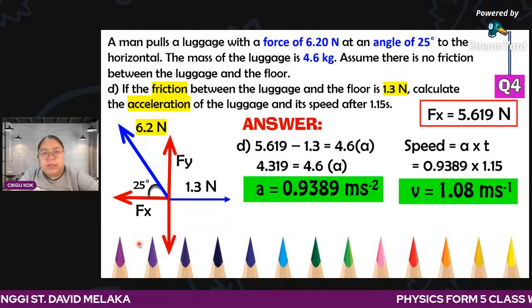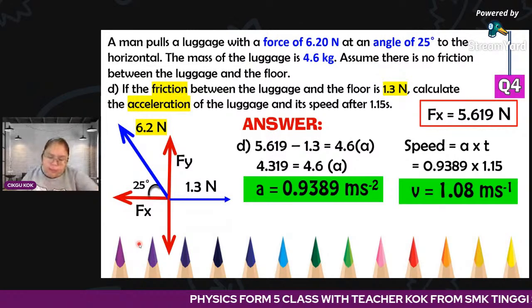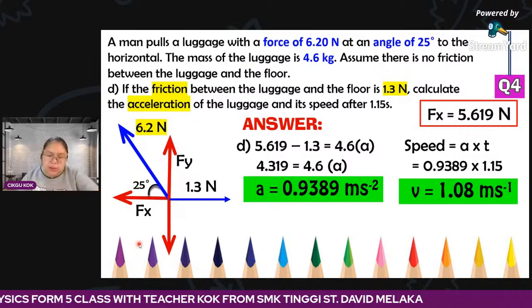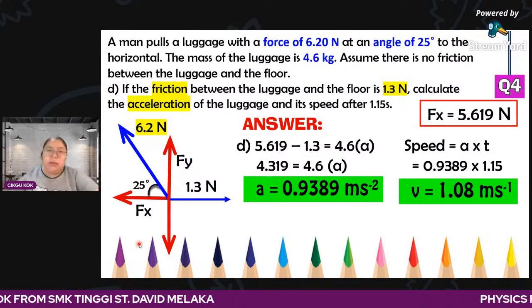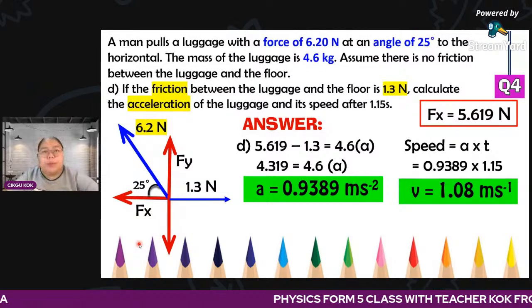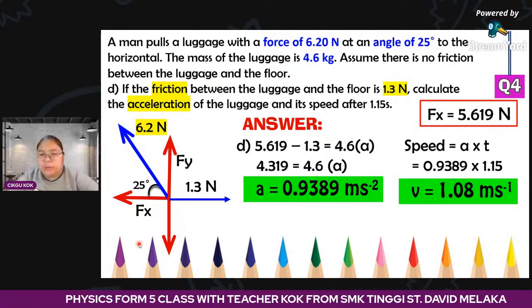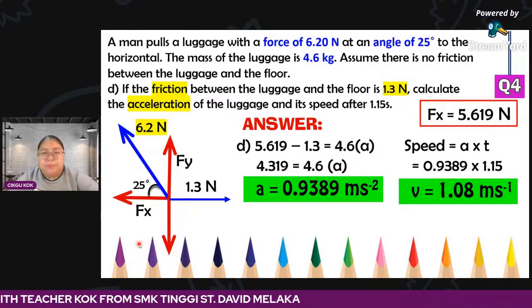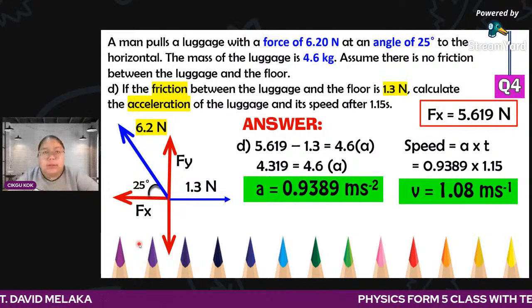Okay, acceleration, that's correct already. Okay, although you take 0.939, 0.939 multiplied by 1.15, so it's still 1.08. Okay, Nixon, do some correction. Okay, the speed. Ling Han, can you get the same answer? 1.08. Okay, the speed. Hello, the others.